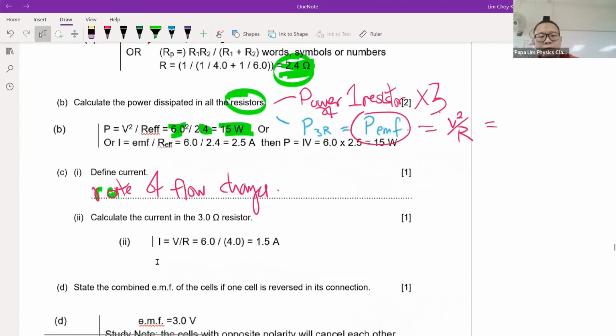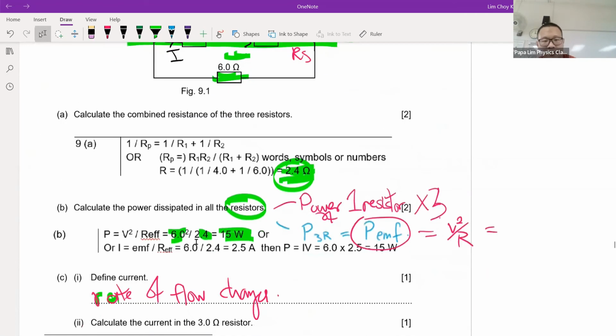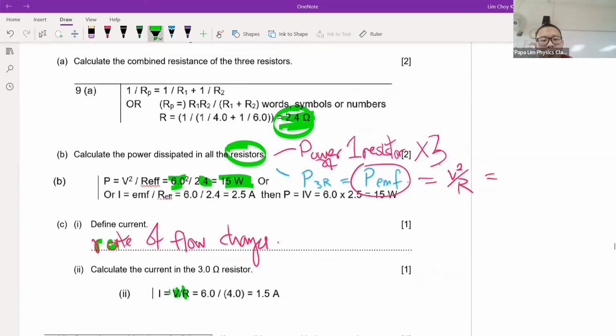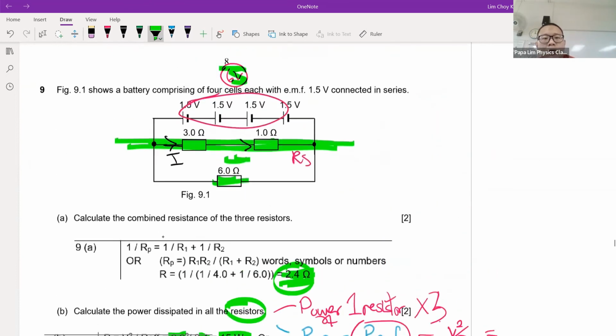If I use the formula V equals IR, current is the potential difference divided by resistance. So I can calculate the current flowing through this branch. If I know the current flowing through the entire branch, I also know the current flowing through the 3 ohm and the 1 ohm, because they are in series, so the current remains the same.